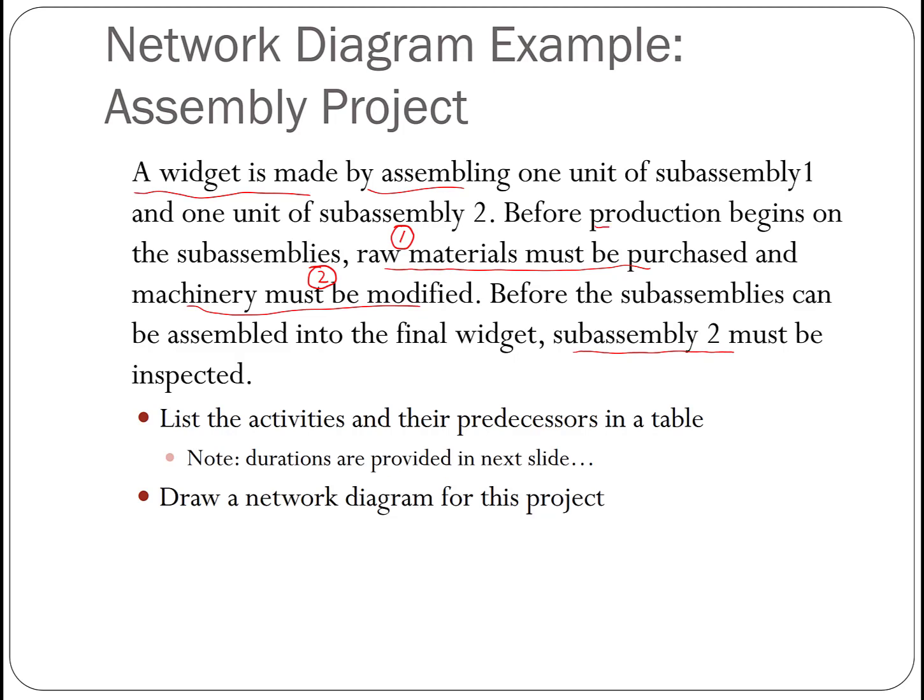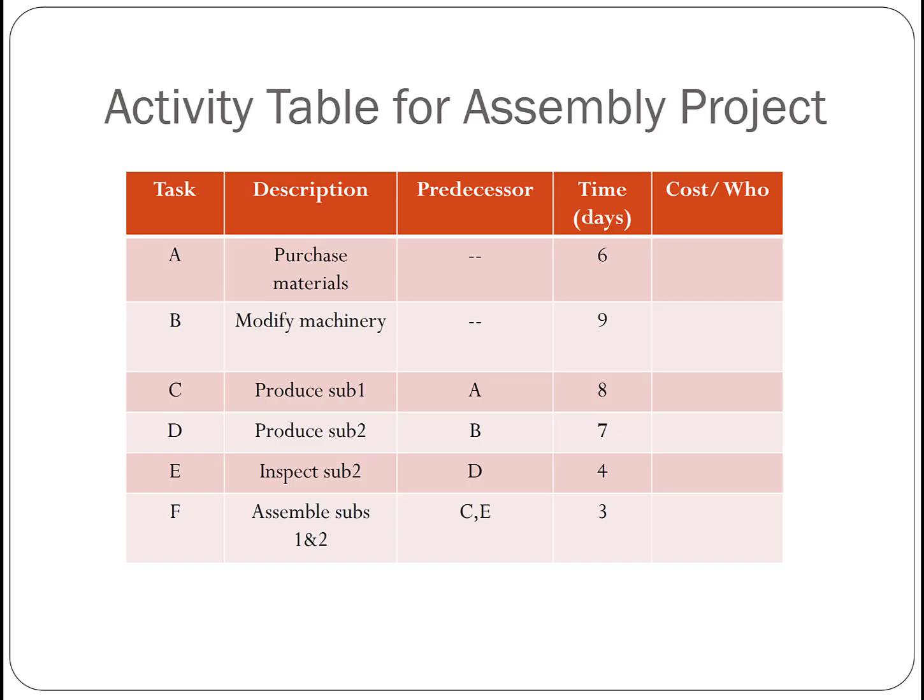And then the production of the two subassemblies, right? And then subassembly 2 needs to be inspected before the final assembly. So if we take a look, A, we need to purchase the material. B, we need to modify the machinery. And you see that these two activities do not have predecessors.